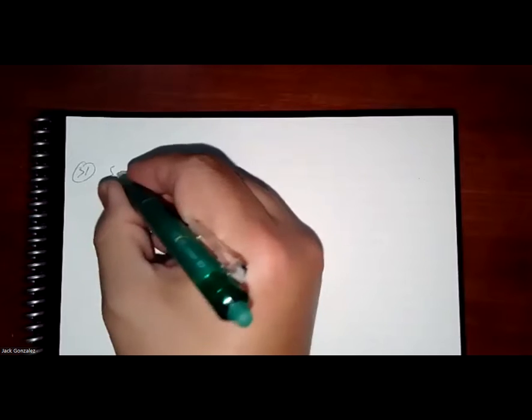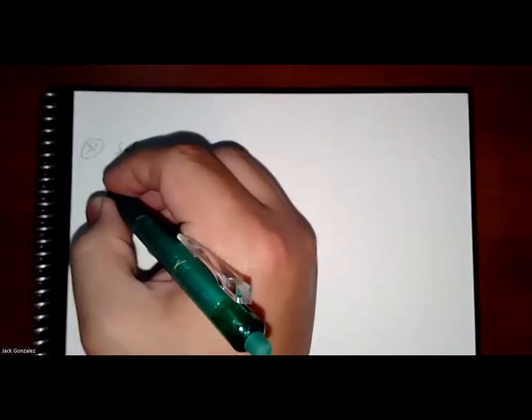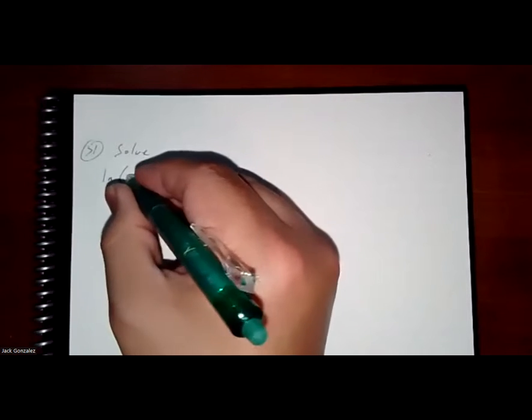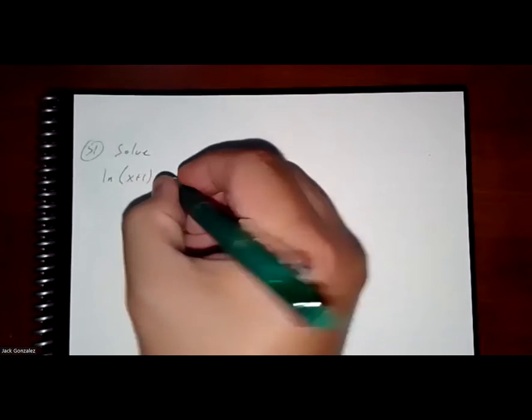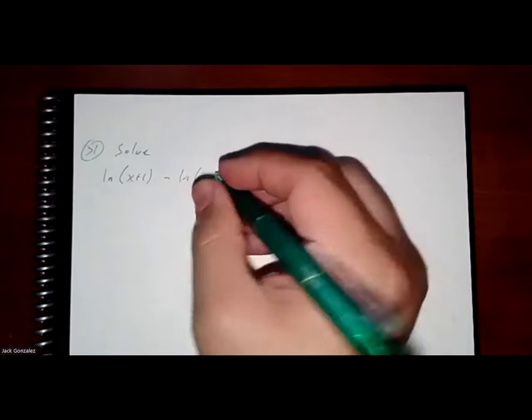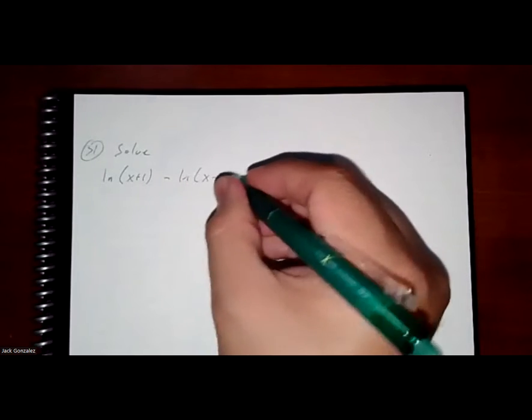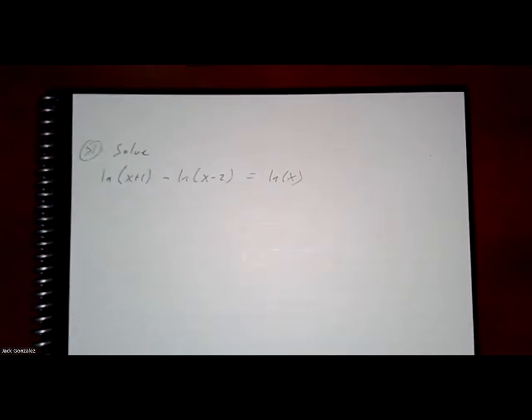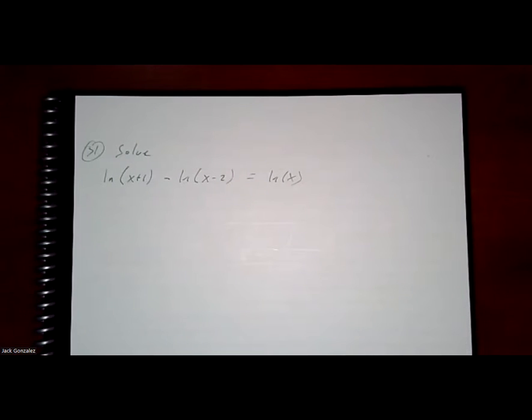Number 31 is another log equation. When you solve log equations, you do have to check your solutions. So here you want to use your log properties to combine everything into a single log and then cancel the logs.